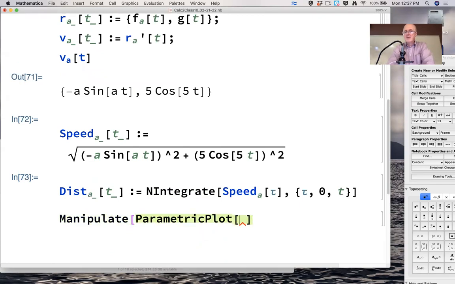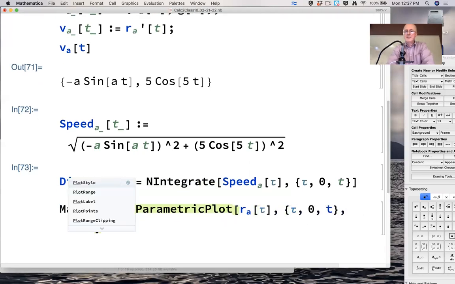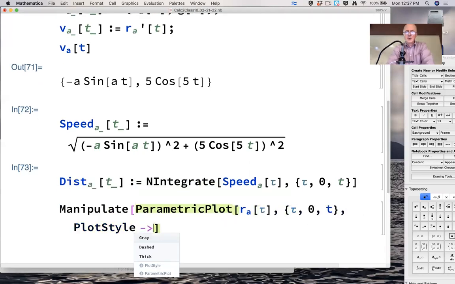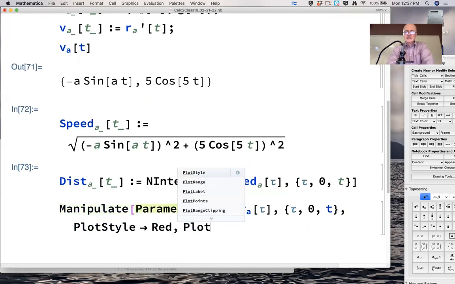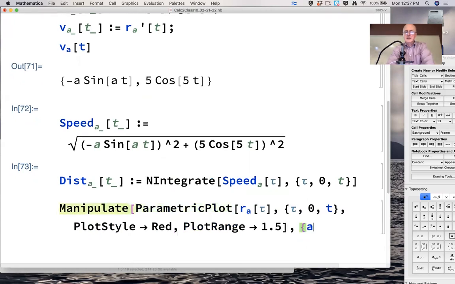The function I want to graph here is the parametric curve. That's the R. R sub A of t. I'll use a tau here. Tau goes from 0 to t. Let's make it, say, red. And we need a plot range here so we can see it well.